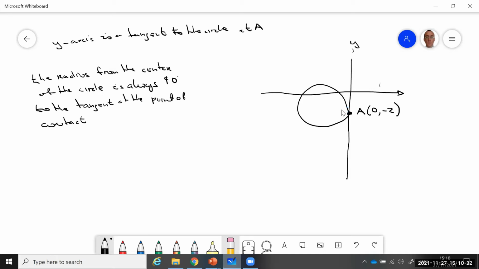Okay, so if the radius from the center of the circle is always 90 degrees to the tangent at the point of contact, then you could say the same is true for the diameter.